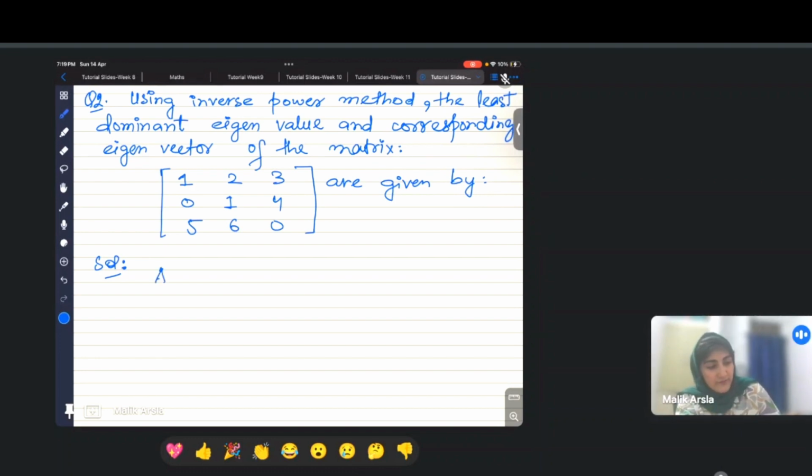Now what will be A inverse here in this question? Let's call it B. Can you quickly tell me the inverse of this matrix? You can use your calculator, but simply solve it along with me.